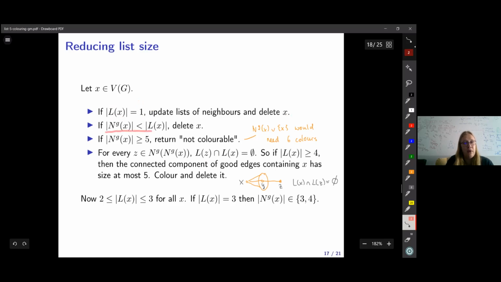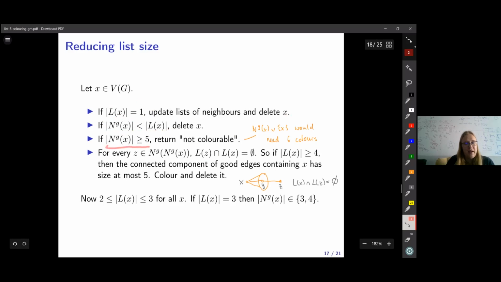Also, if the number of good neighbors of a vertex is less than its list size, we can delete the vertex. Because if I'm coloring the whole graph, then these are the only colors that X will lose if I put X back in. And so if he has more colors available than he could possibly lose, he will always have a color left over if I'm just coloring greedily.